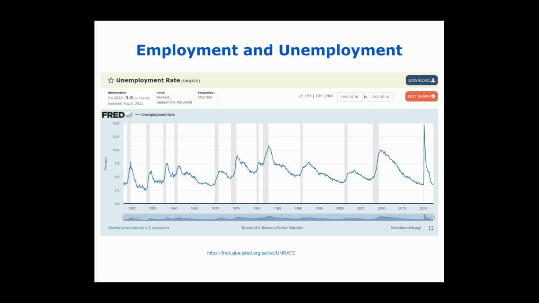If we look over time, we see unemployment going up and down. Sometimes it's lower, in the 2, 3, 4% range. Other times it's gone as high as 7%, 10%, and so that's higher.